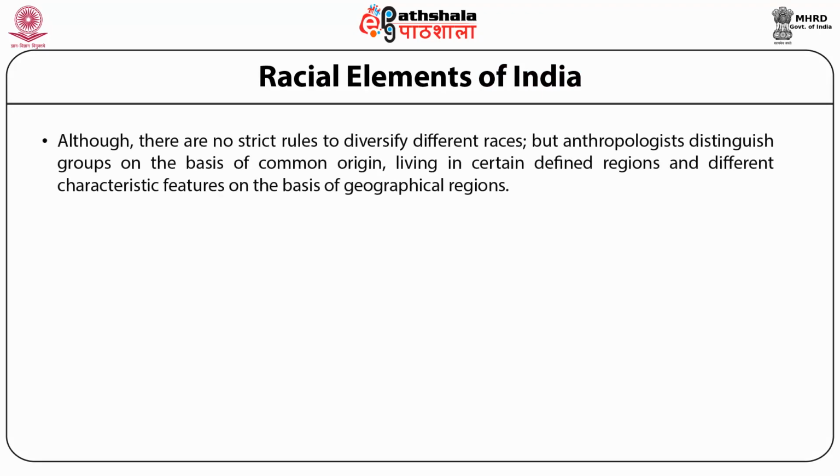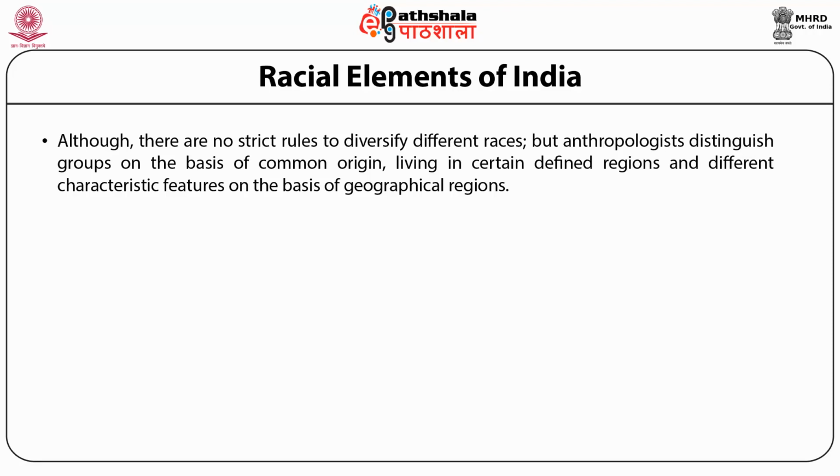Although there are no strict rules to differentiate races, anthropologists distinguish groups on the basis of common origin, living in certain defined regions, and different characteristic features on the basis of geographical regions.